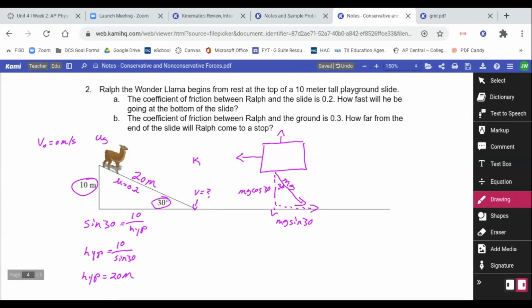He's moving left to right, the way it's drawn. So the force normal is balanced with the vertical component of the force of gravity, so this would be mg cosine of 30. And then force of friction is the coefficient times mg cosine 30, because it's the coefficient times force normal. So that part's not new.